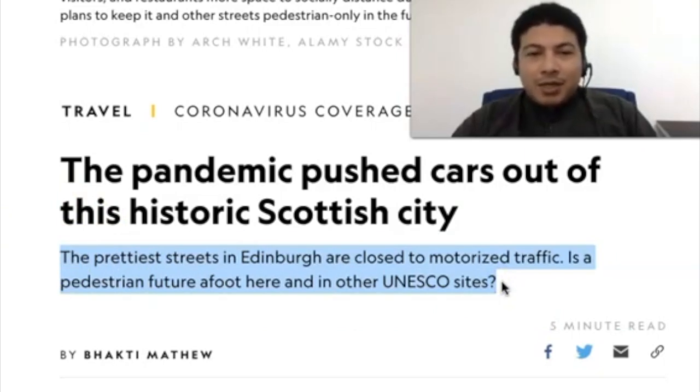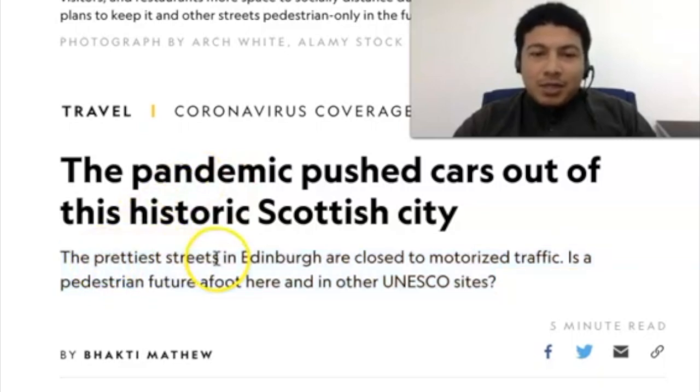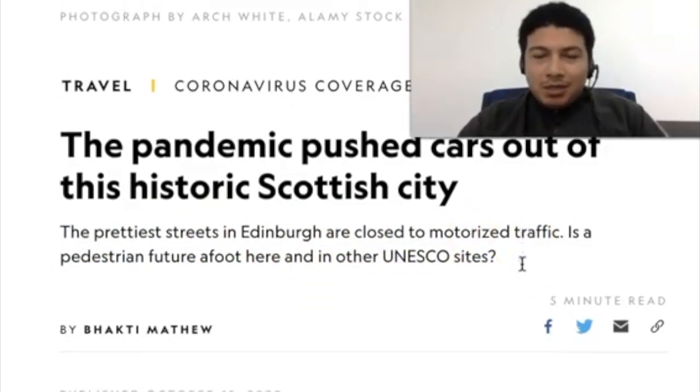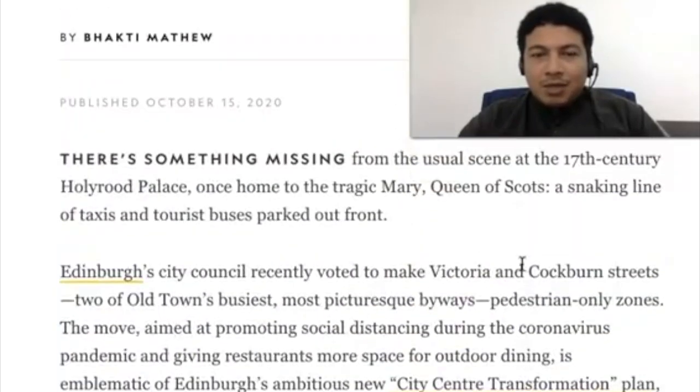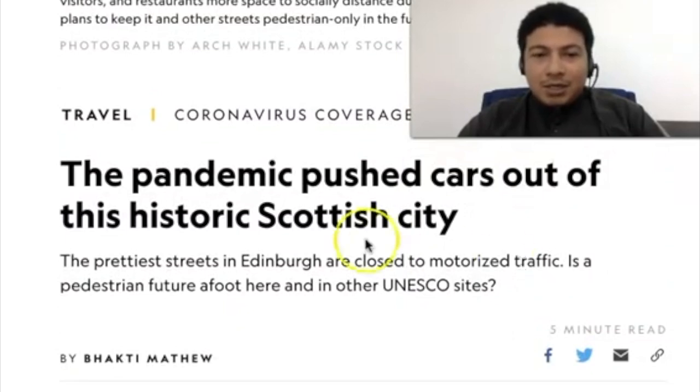So the stated main idea is that the COVID-19 pandemic has caused the prettier streets in Edinburgh to be closed down to motorized traffic. So that is the stated main idea. So this article is going to talk about how the pandemic has caused the roads to be empty in streets in Edinburgh and also in other places under the UNESCO sites.